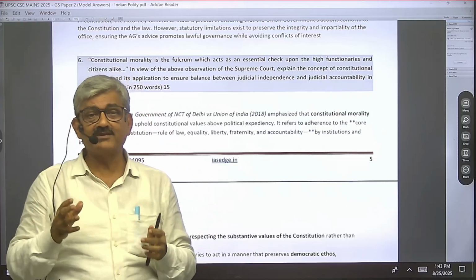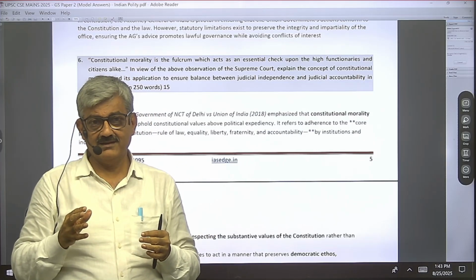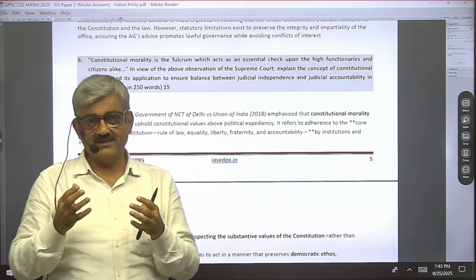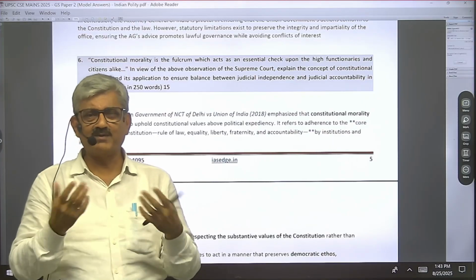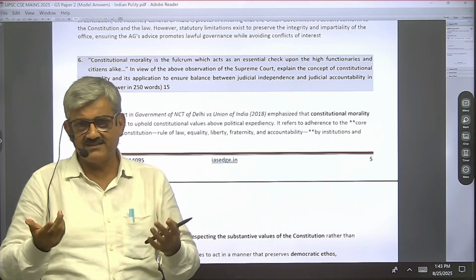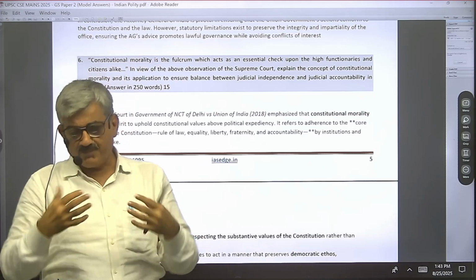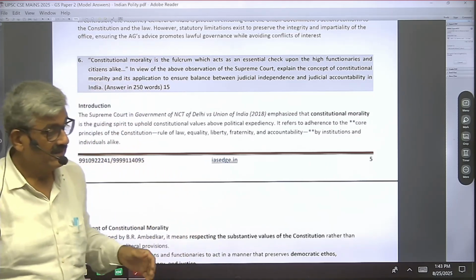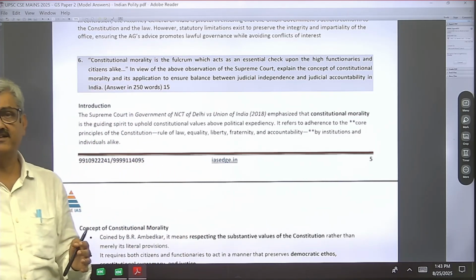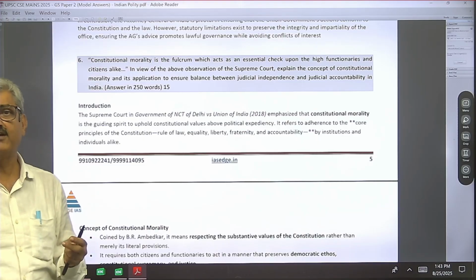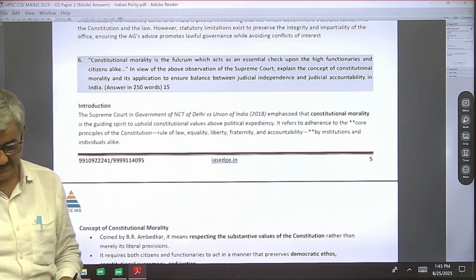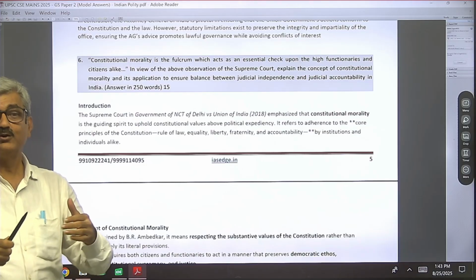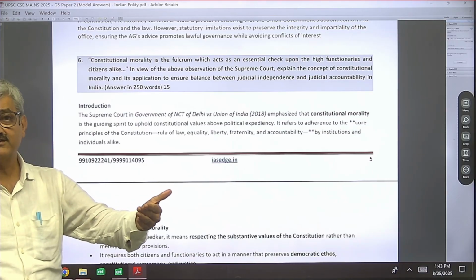Constitutional morality is something related to ethics and values. It is not defined, probably cannot be defined, and changes with changes in circumstances. The Supreme Court finds that the entire democracy functions on certain moral values, because democracy itself is a value. It is a structure, structured in pursuance of certain values.